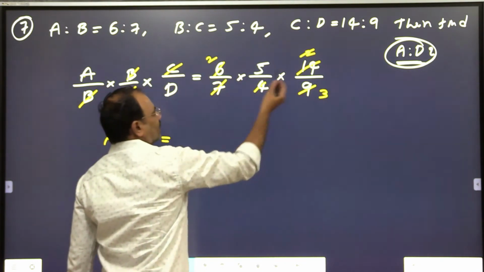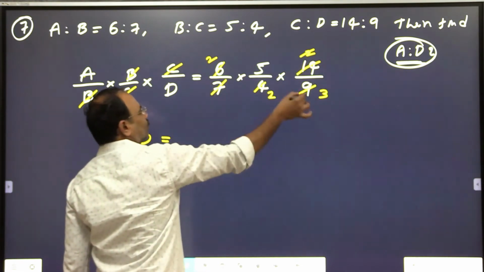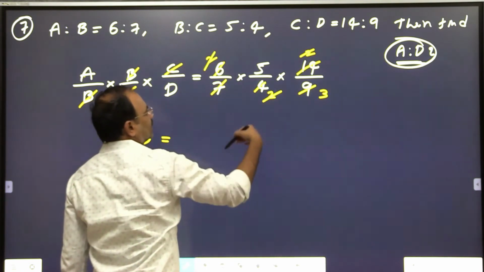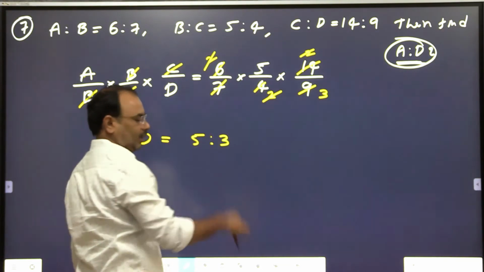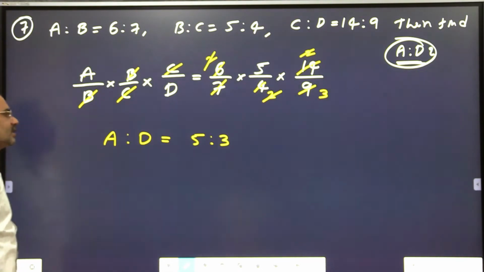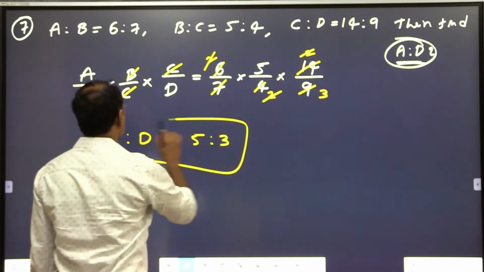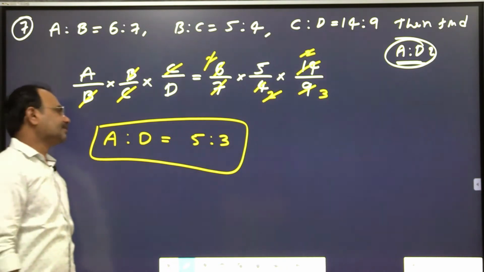Once again 7 and 7, we cancel 2 again: 2 1, 2 2's, next these 2 terms 3 2's, 3 3's. Next 2 cancel, remaining 5 by 3. 5 by 3 can be written as 5 to 3, right? So A is to D is equal to 5 to 3.